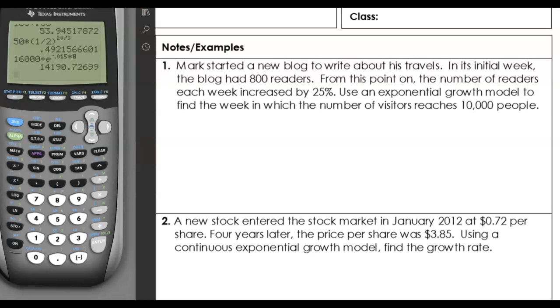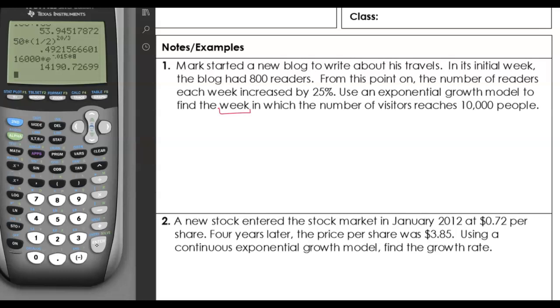So apparently Mark is pretty popular. Like, this is not realistic. But we know that we're exponentially growing here. And also we know that we're trying to find the week in which his visitors reach 10,000.